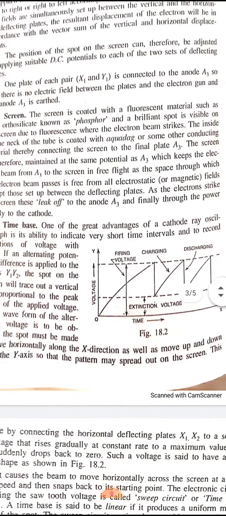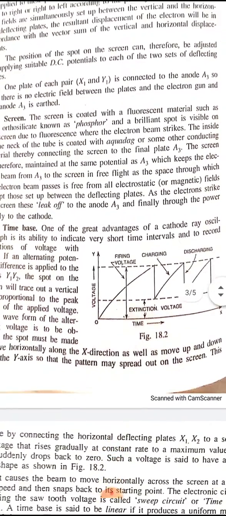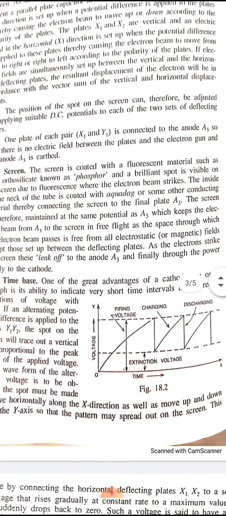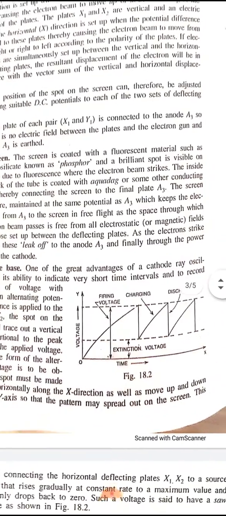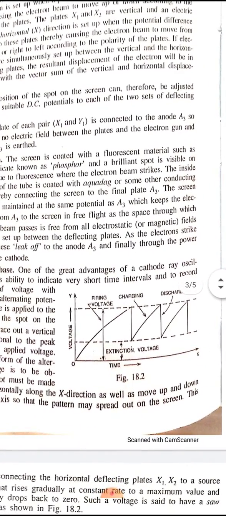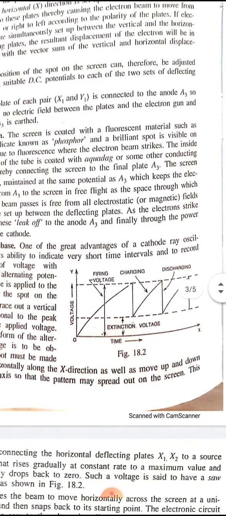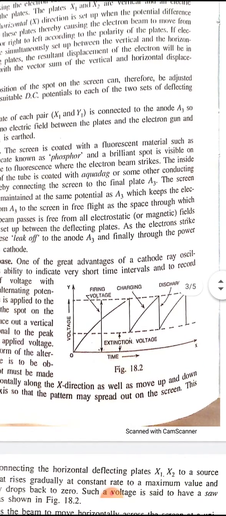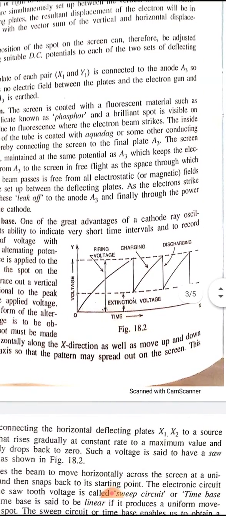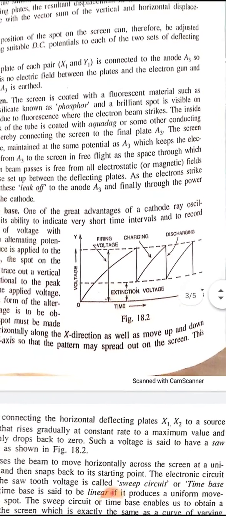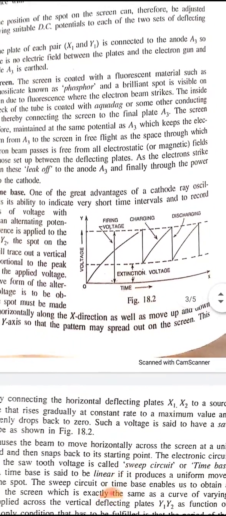This is done by connecting the horizontal deflecting plates X1, X2 to a source of voltage that rises gradually at a constant rate to a maximum value and then suddenly drops back to zero. Such a voltage is said to have a sawtooth shape, which is marked in figure 2.